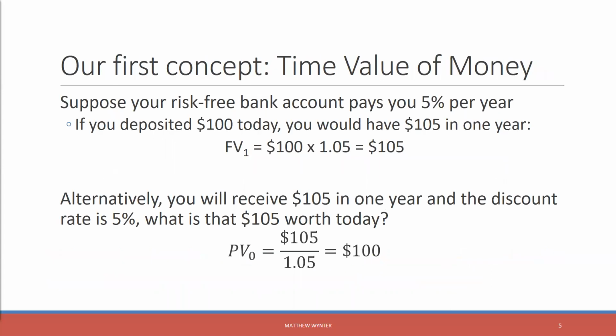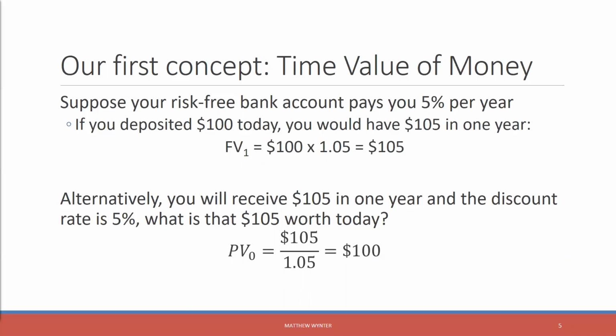So our first concept is going to be the time value of money. Suppose your risk-free bank account pays 5% per year. If you deposited $100 today, you would have 105 in 1 year. So the future value, FV subscript 1, is going to equal that 100 multiplied by 1.05.